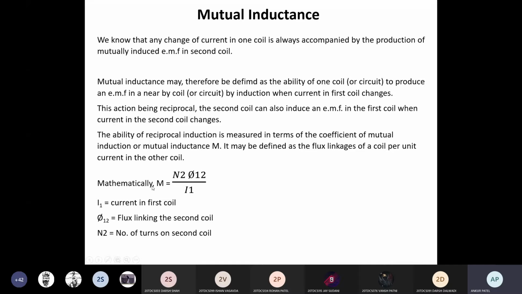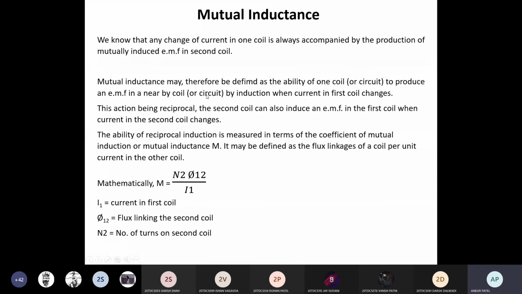So this is the equation for mutual inductance M, N2 phi 2 by I1. What is the equation for L, self-inductance? L equal to N phi by I.